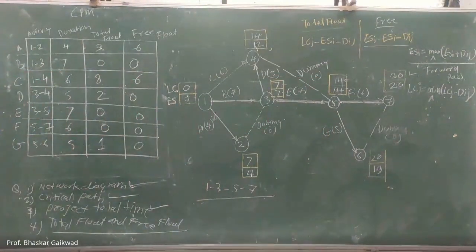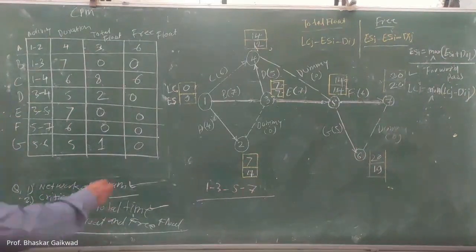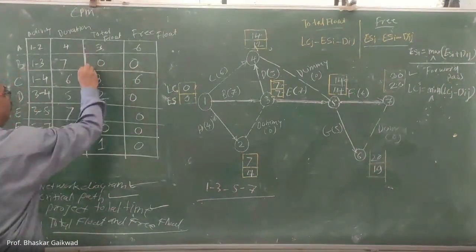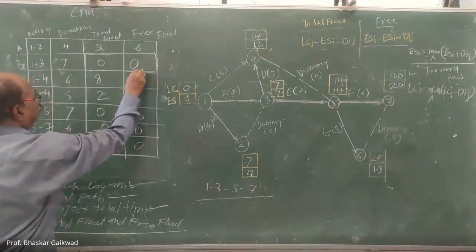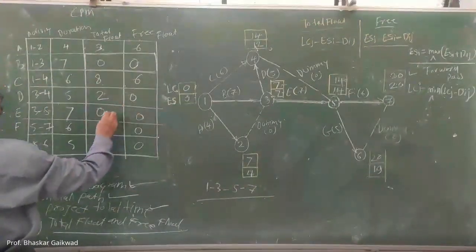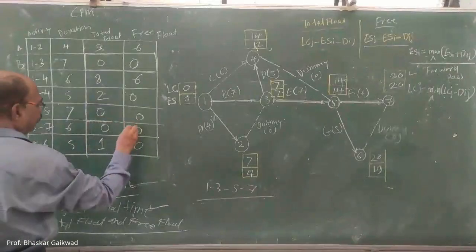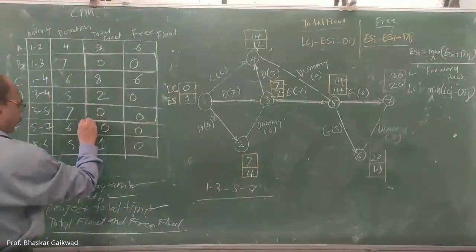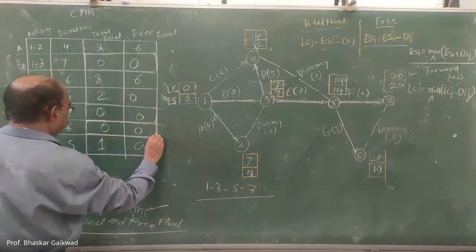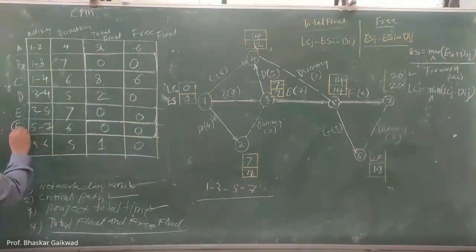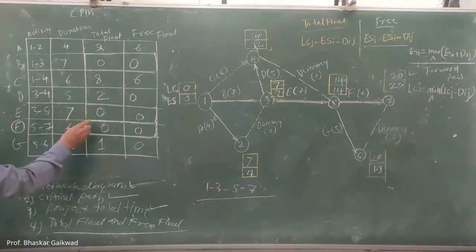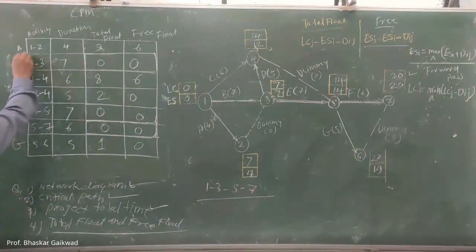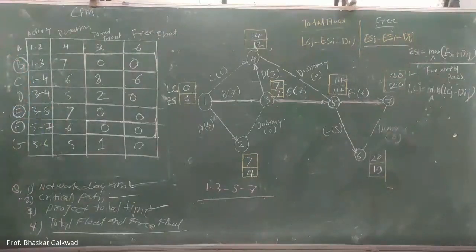Correct. So within the chart, whenever total and free float is there, there is a 0. So here is the 0, and here is also 0. In front of this you can make a round here, then here a round, then here a round.